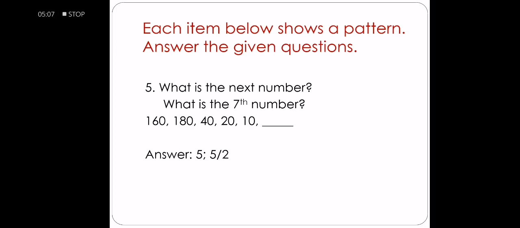Okay, so mapapansin nyo, lagi lang siyang na-divide into 2. So from 160 divided by 2, naging 80, divided by 2, naging 40. So yung 10, i-divide lang ulit natin siya kay 2, which is 5. So, 5 yung kasunod niyang number. And then, magdi-divide lang tayo ulit ng 2 doon sa numbers hanggang sa makarating tayo kay 7 number. And of course, pang 6 yung 5 natin.